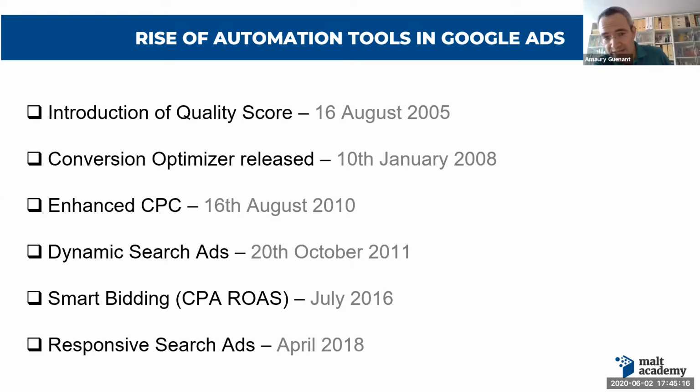2016, smart bidding. So here, from my personal opinion, that's the moment when it made third-party solutions kind of secondary, because smart bidding from Google was then becoming really good in terms of CPA and return on ad spend.